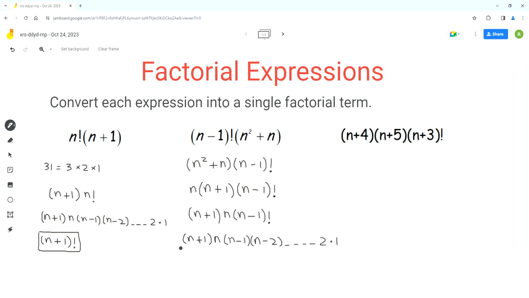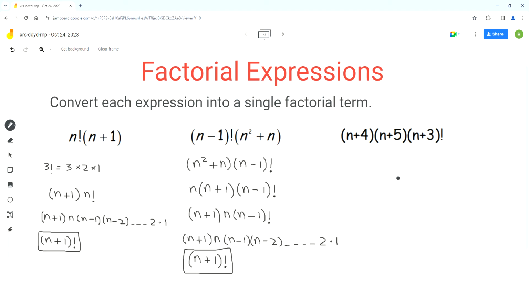Now you can see that this multiplication represents the multiplication of all positive integers from 1 all the way to n plus 1. So we can rewrite this expression as n plus 1 in parentheses factorial, because factorial represents the product of all positive integers less than or equal to the given integer with the exclamation mark. So this should be the final answer for the second expression.